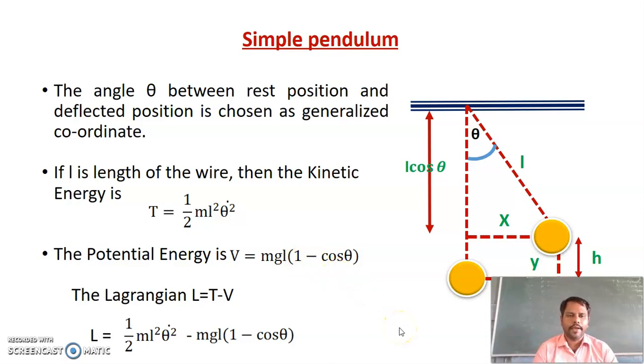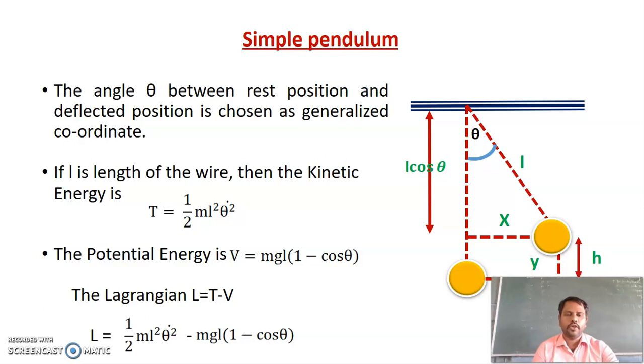Now I know the kinetic energy as well as the potential energy. I know the Lagrangian function is L is equal to T minus V. Substituting T and V, the Lagrangian becomes L is equal to half m L square theta dot square minus mgL into 1 minus cos theta.